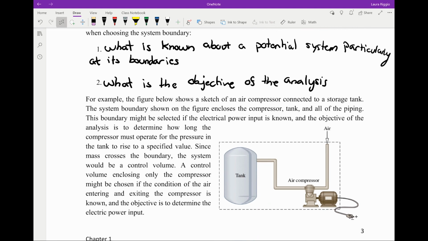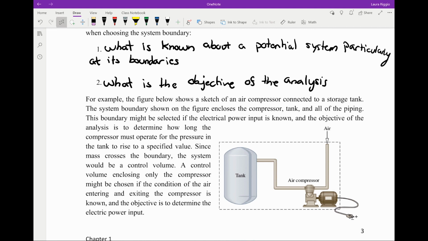So for example, I have a picture here of a tank with an air compressor where the way the system boundary is shown, the system includes the compressor, the tank, and all the piping. This boundary can be selected if, for example, the input power is known and the objective is to determine how long the compressor can operate. Since mass can cross the boundary, this would be deemed an open system.